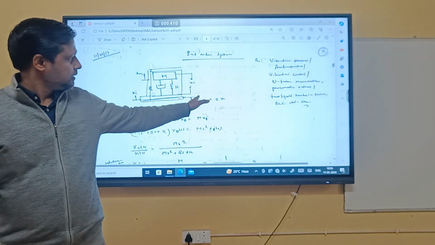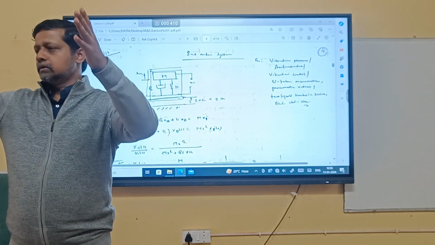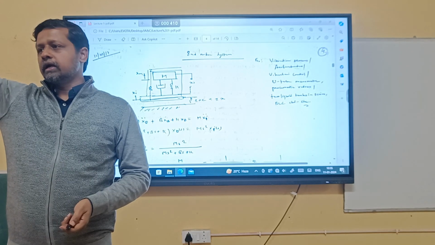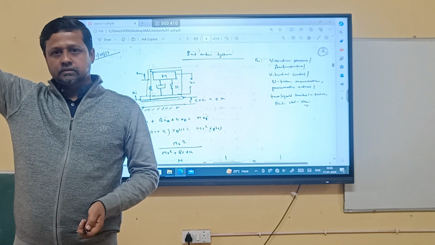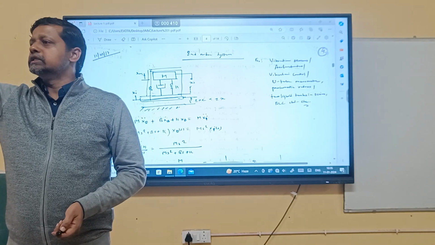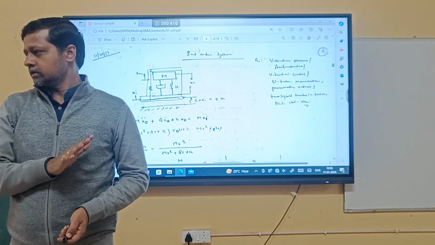Anything else? So many examples. Some physical ones, like there are two tanks, multiple overhead tanks installed over the rooftop of your hostels to ensure proper supply of water.